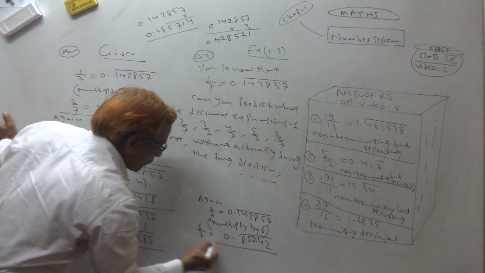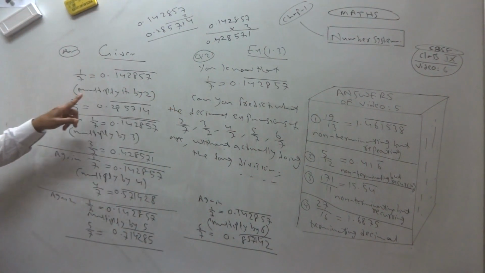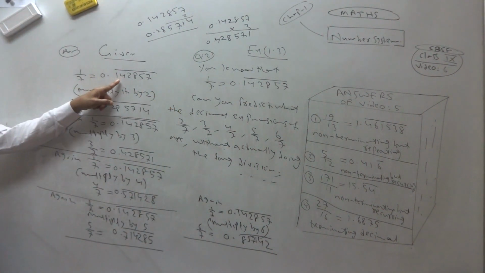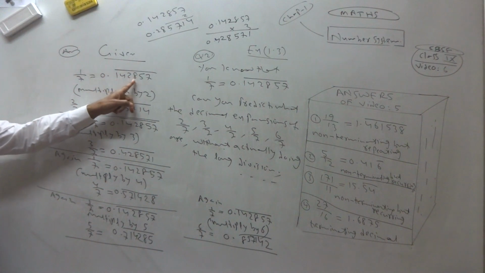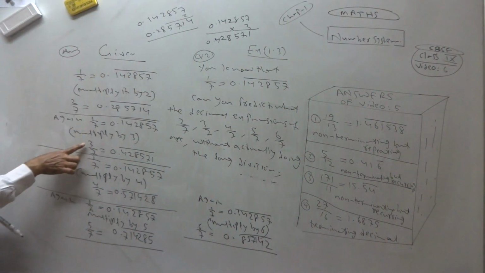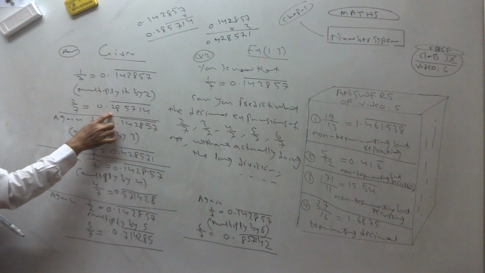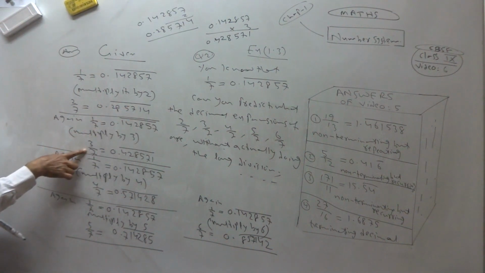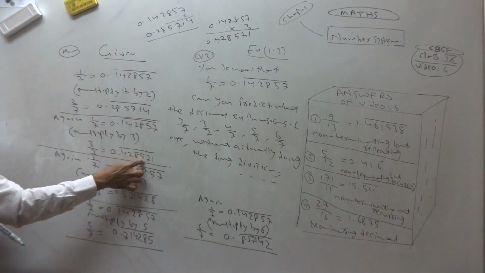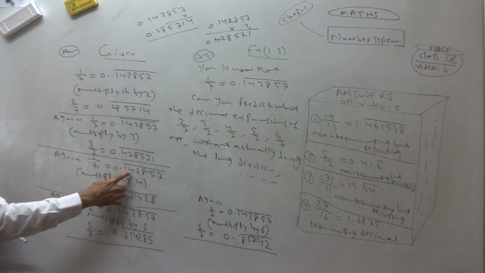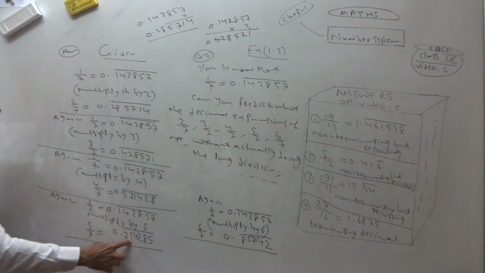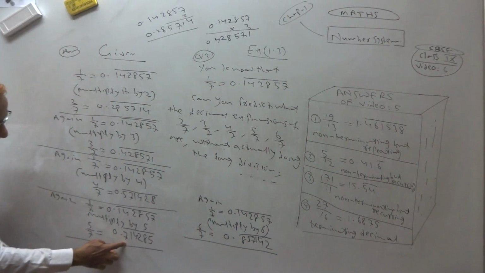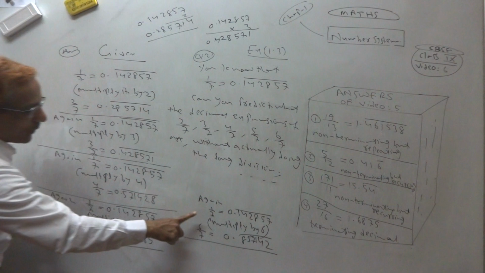Yes. So one thing you notice, in the answer of 1 by 7, the digits 142857 are there. Even in 2 by 7 answer also you see 142857 is there. Even in 3 by 7 you see 142857 is there. In 4 by 7 you see 142857 is there. Even in 5 by 7 you see 142857 is there. Same digits are there. 1 by 7 is this.